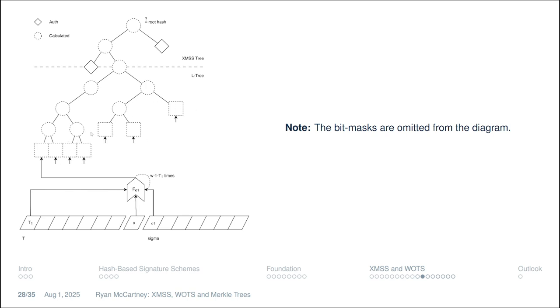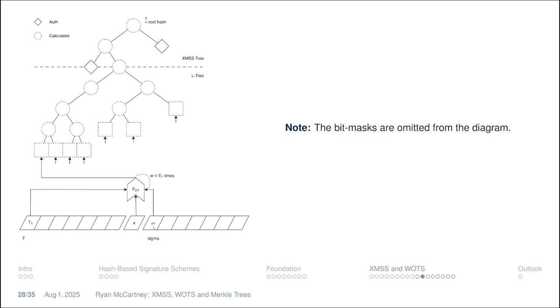That is why, again, these are values that are either not known or not published, but in this case, they are dotted as to say that they are calculated actually. Yeah, and auth means that these nodes, or every solid block here, need to be published in order to verify this signature.